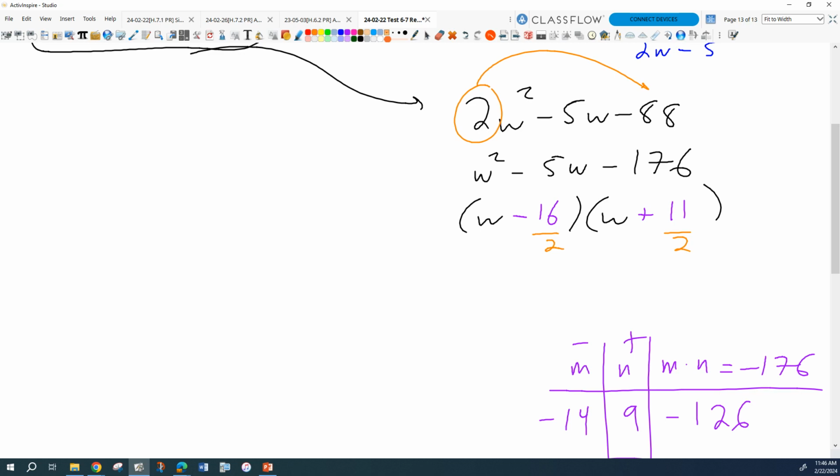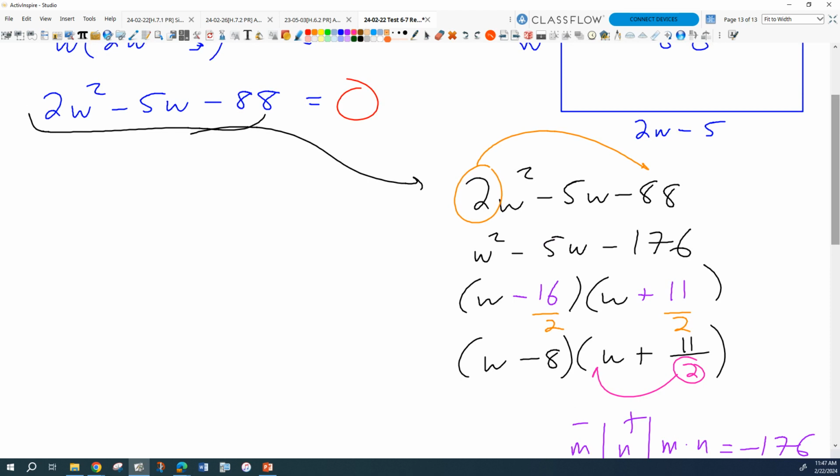Simplify them, reduce them. So I get W minus 8 times W plus 11 over 2. Last step, slide it under, put the 2 in front of the W. Okay, good. So I slide that 2 up front, and I got it.